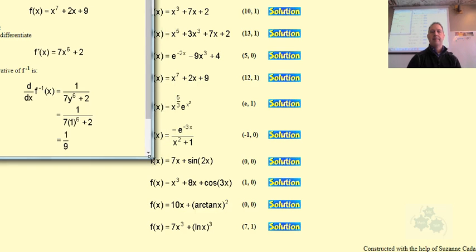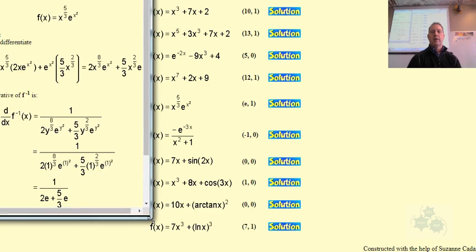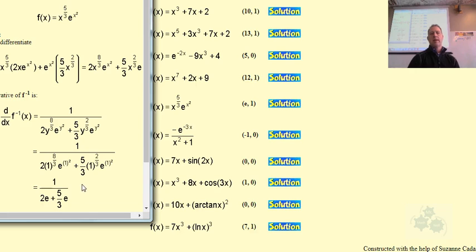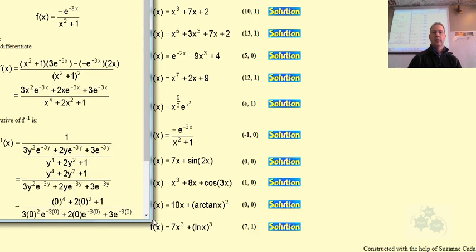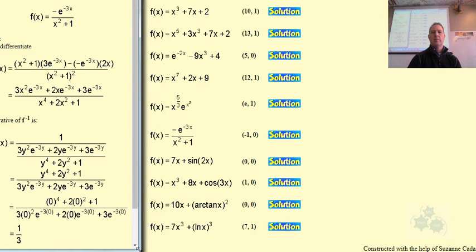Number 5 would be this right here, which simplified I think also is 3/11e, something like that. And this one here is maybe a little bit more involved. It turns out just to be 1/3 though.